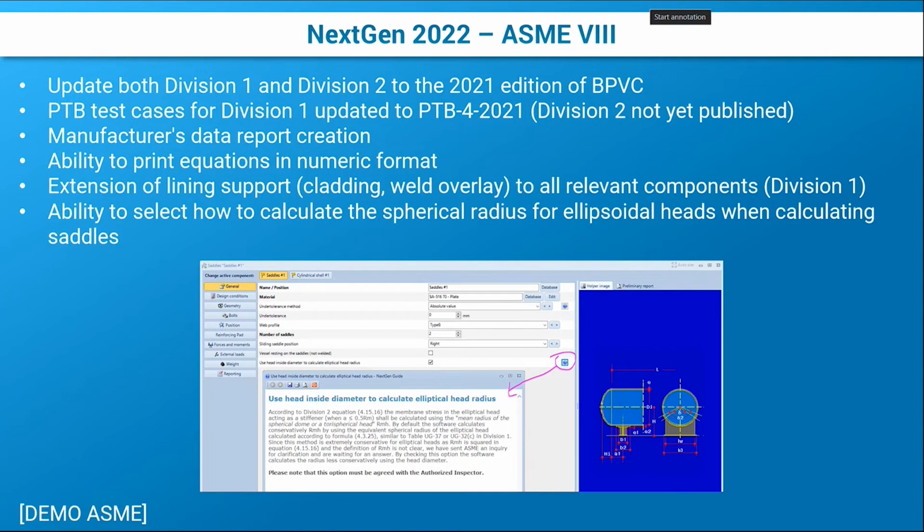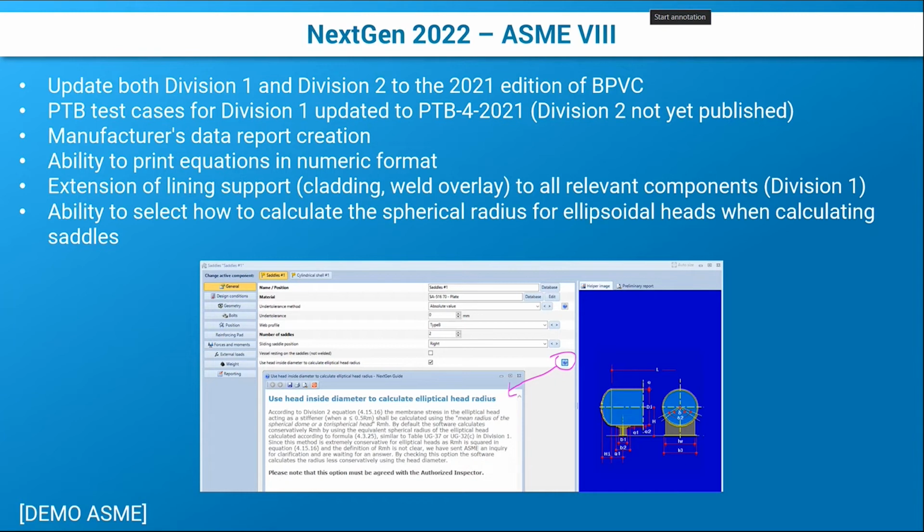And then we added the ability to select how to calculate the spherical radius for ellipsoidal heads when calculating the saddles. This was source of some problems for our customers because the calculation of the spherical radius was quite conservative earlier on.